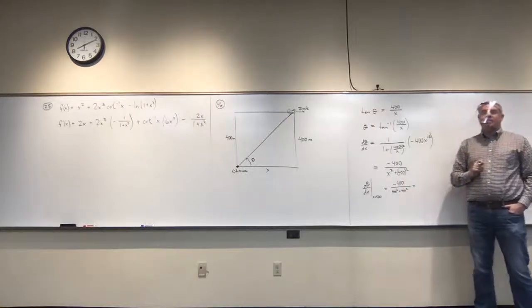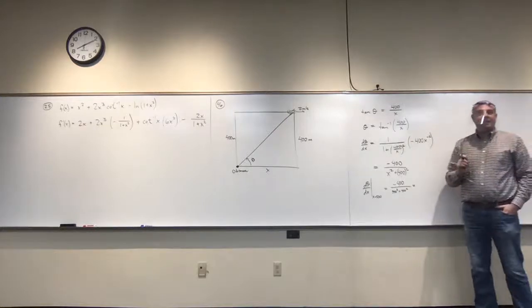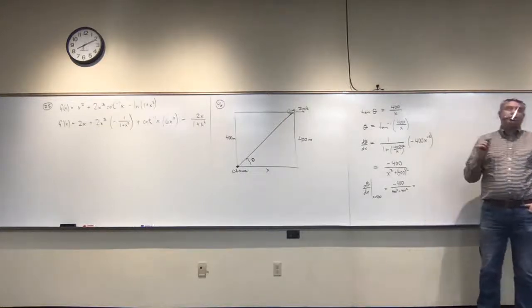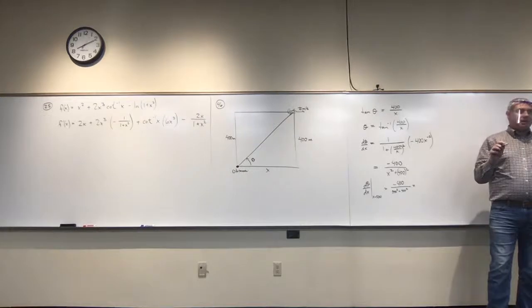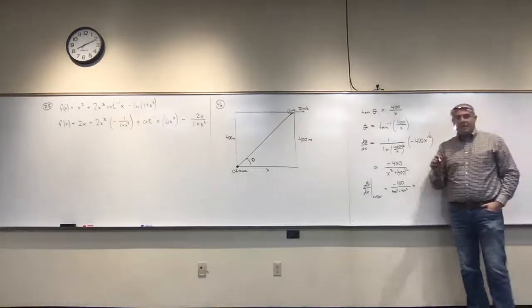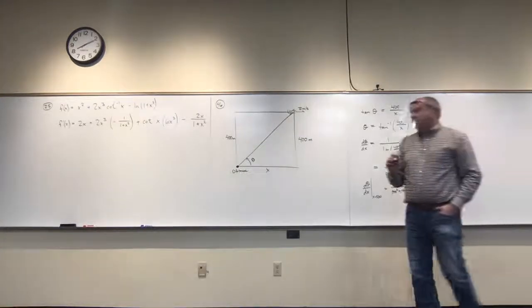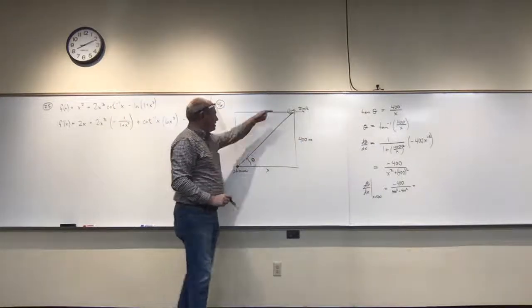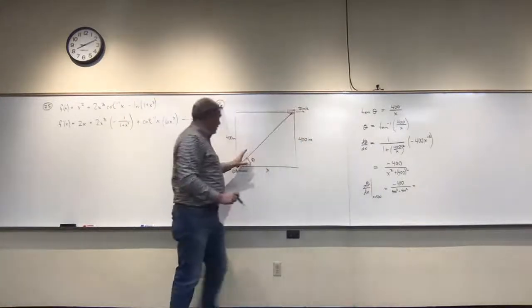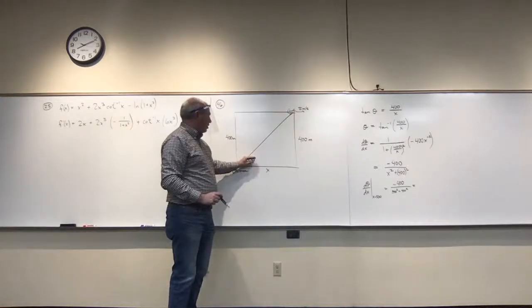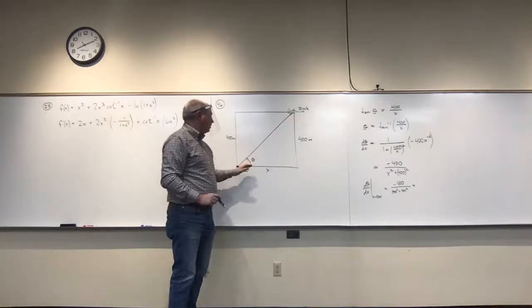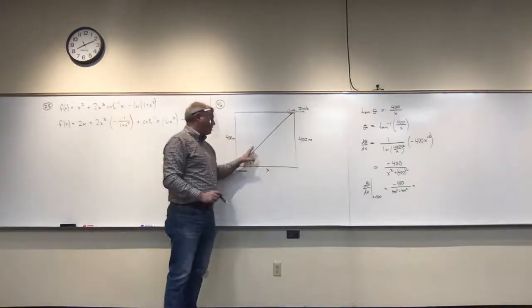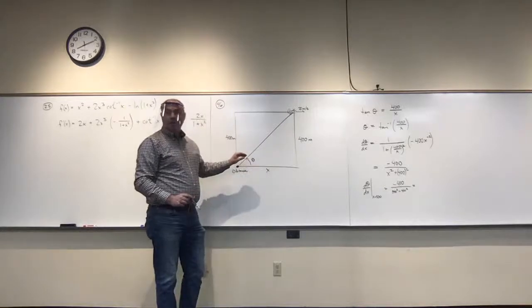And something I probably should ask myself is, does that make any sense that the change in theta is a negative number? So let's look at theta. Theta is this angle. And as this plane flies away, is this angle getting smaller or is it getting bigger? It's getting smaller. So you would expect the change in theta as x grows to be negative.